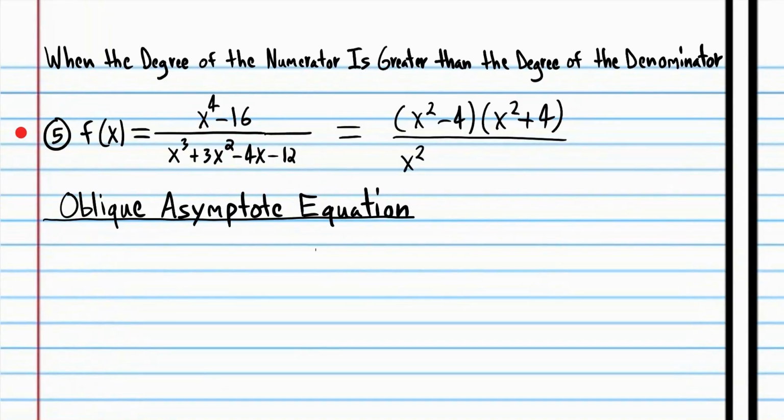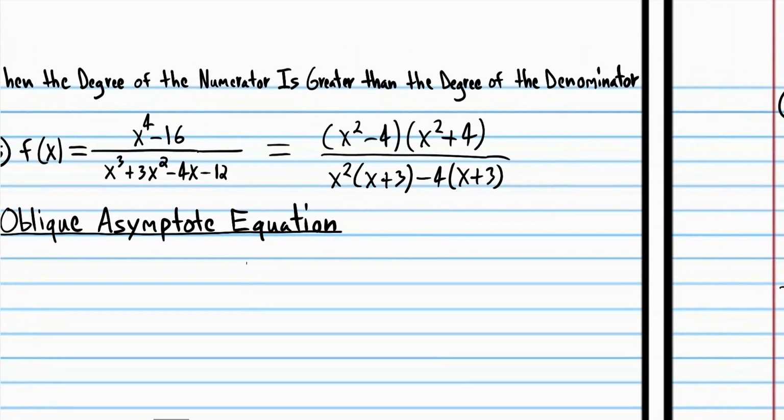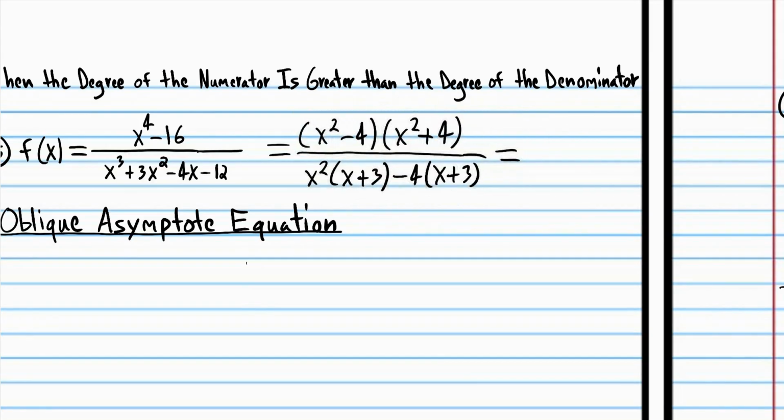So I'm going to factor x squared out of the first two terms in the denominator. I'm going to factor out -4 from the third and fourth terms in the denominator. And then we can factor this expression here, because that's the difference of two squares also. So we're factoring the difference of two squares twice.